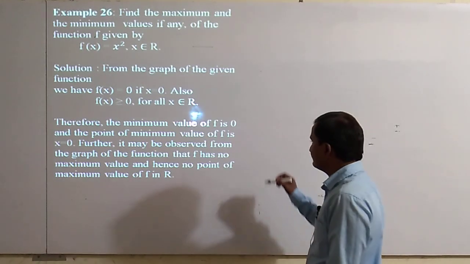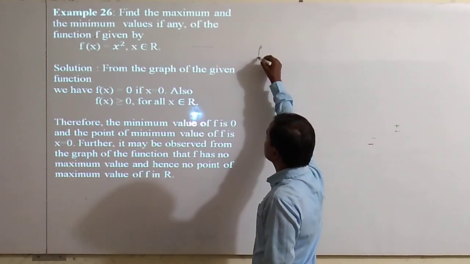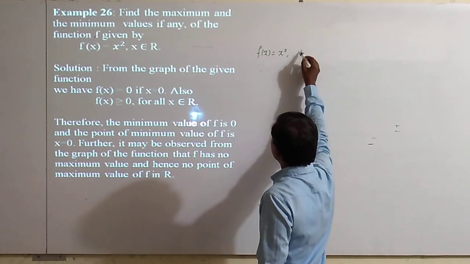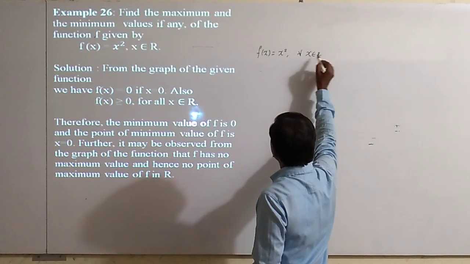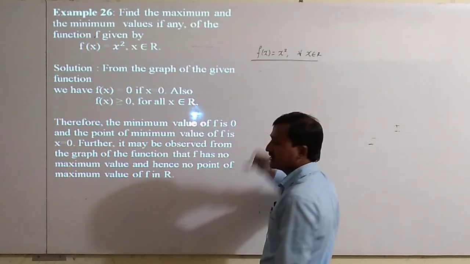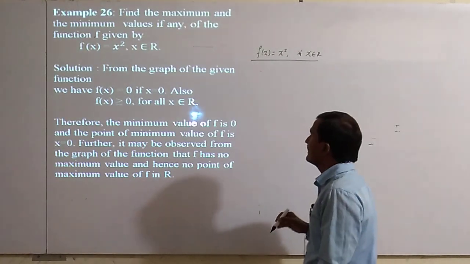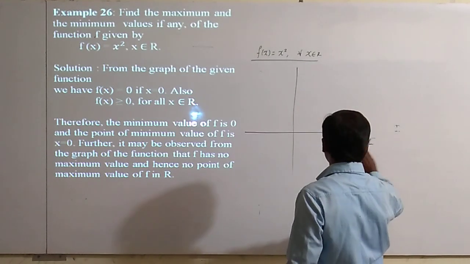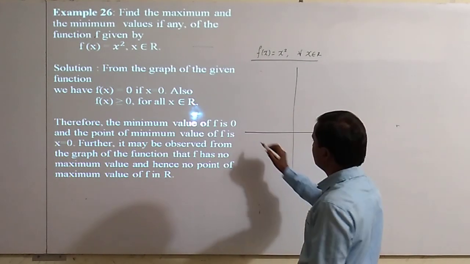So clearly, the solution is, what is given? f of x equal to x square for all x belongs to R. First we will go to the nature of the graph.